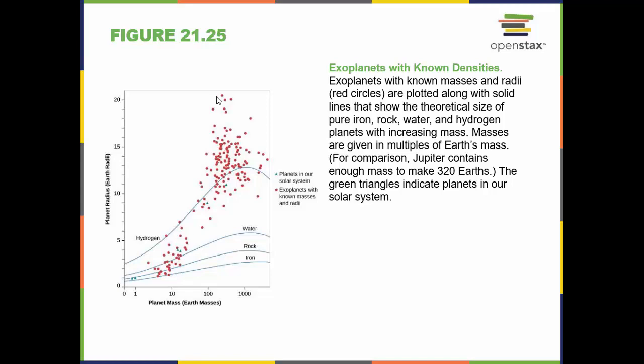And the masses are given in multiples of Earth masses. So for comparison, Jupiter contains enough mass to make 320 Earths. And the green triangles indicate planets in our actual solar system.